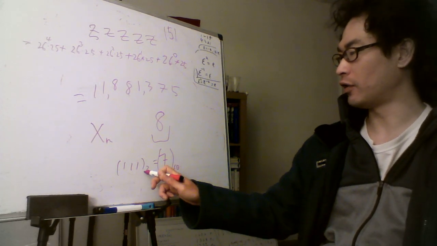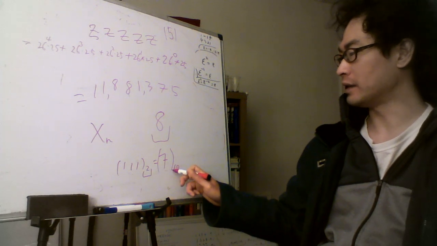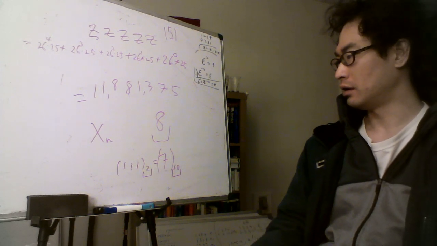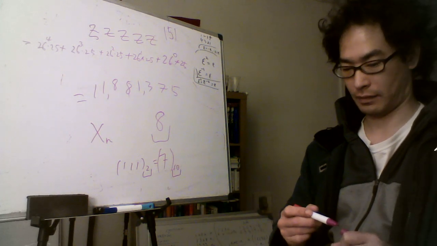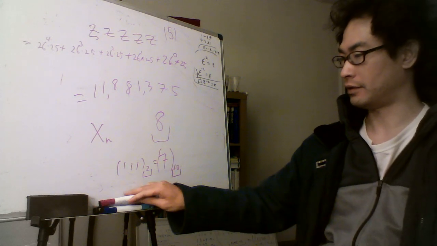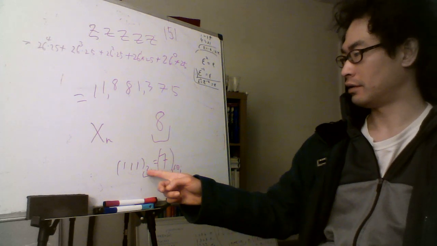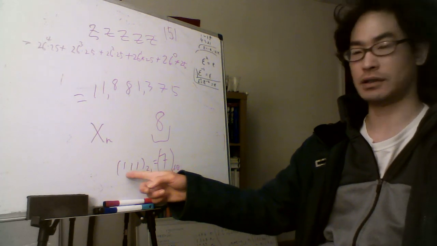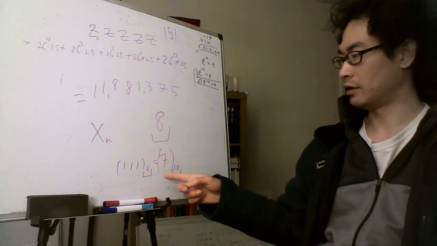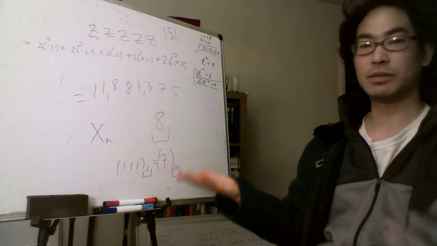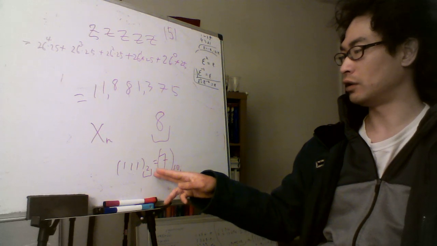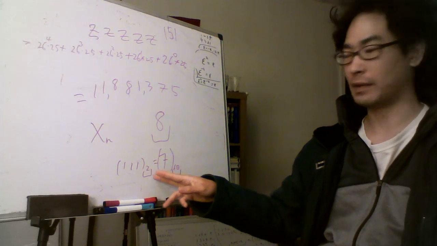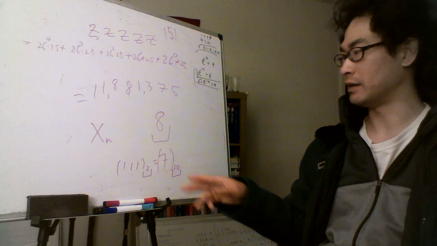Going from base 2 to base 10, we are saving 2 digits. There's this trade-off between using a lower base system and using a higher base system.